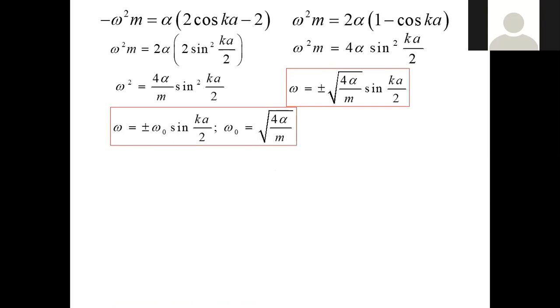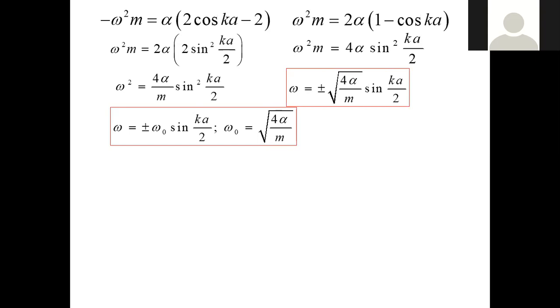So finally we get, if we put square root 4 alpha by m as the maximum frequency omega naught, the dispersive relation is given by omega equal to plus minus omega naught sine Ka by 2. So this relation is the dispersive relation which describes the variation of frequency with wave vector.